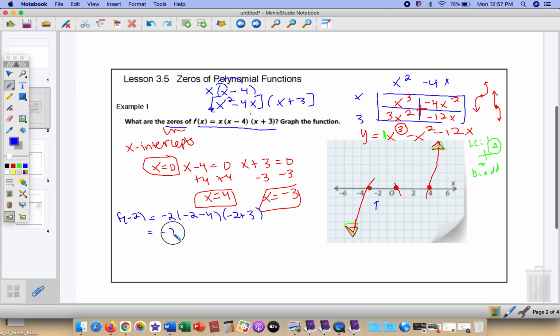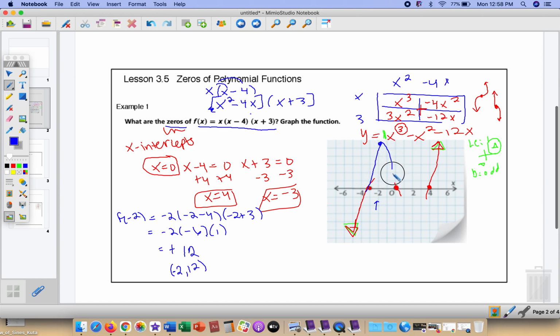So we get negative 2 times negative 6 times 1. Oh, no, it's positive 12. So we have in went negative 2, out comes 12. So at negative 2, we are at 12. 1, 2, 3, 4. So we'll say it's way up here.